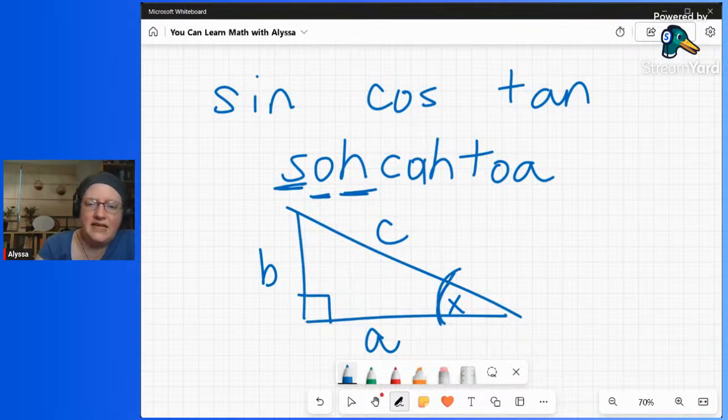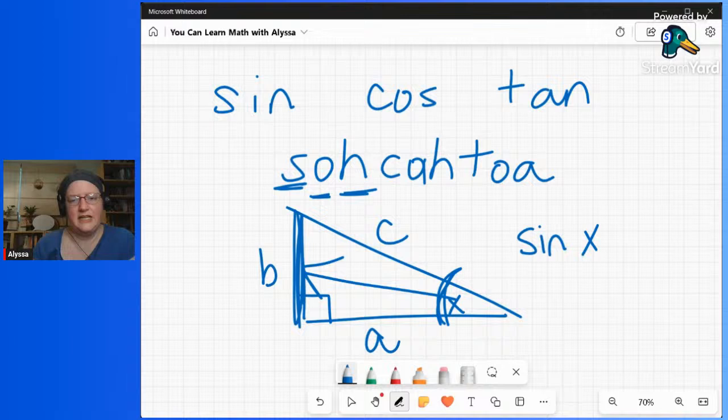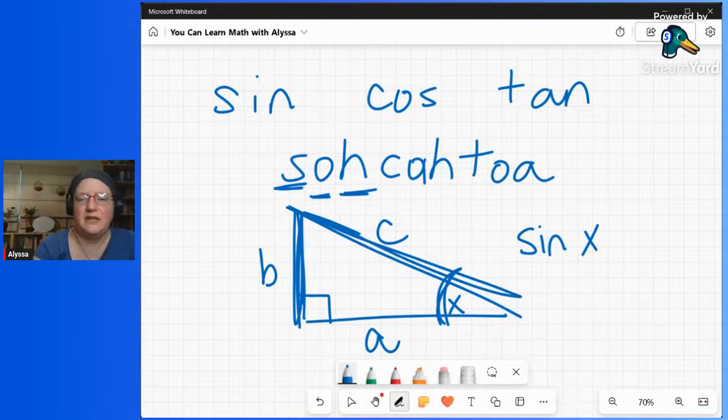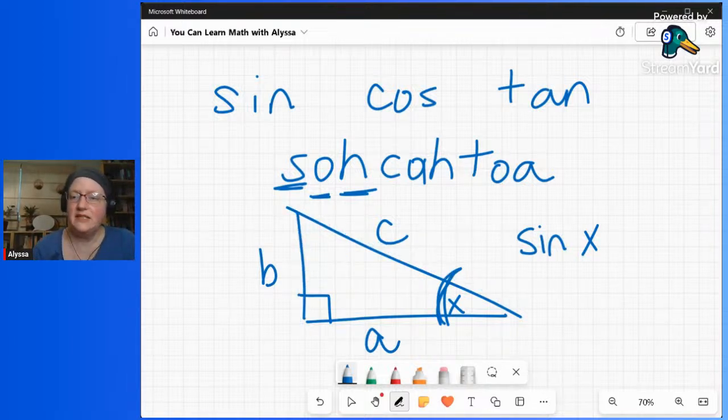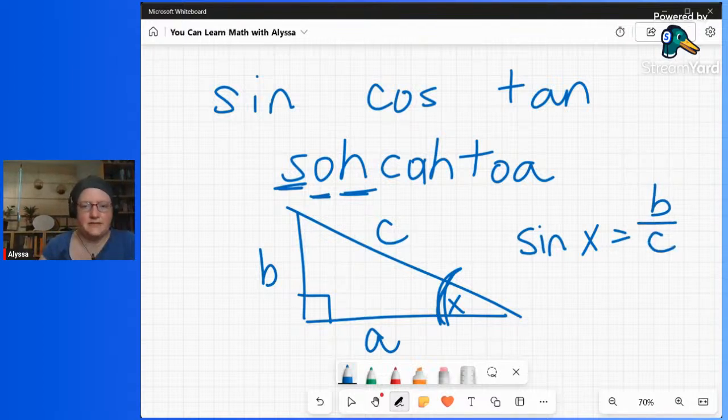So the sine of angle X is equal to the length of the opposite side, the side it's looking at, over the hypotenuse. The hypotenuse is always the longest side. So it is equal to B over C.